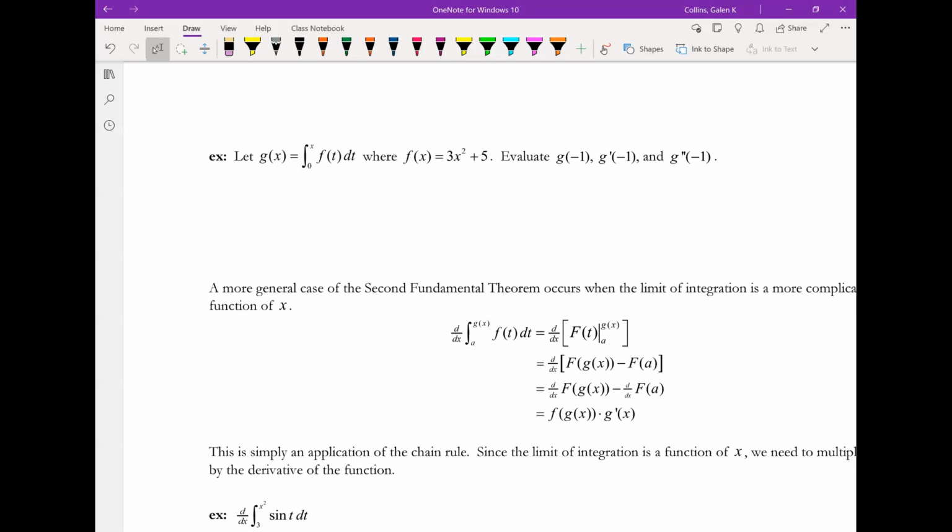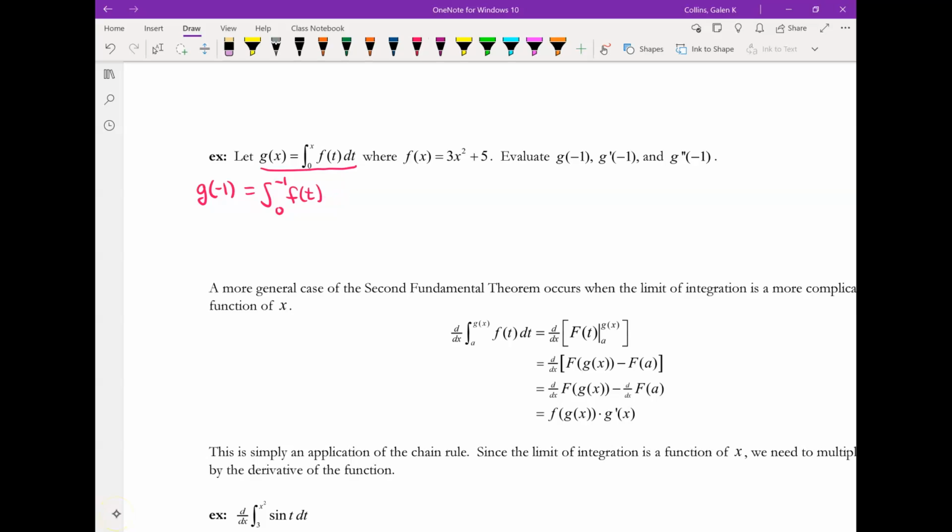It's not that bad if we write it out and we just substitute the -1 as needed. So when I find g of -1, I'm just replacing x with -1. So I'm going to basically copy this function. And so now I have from 0 to -1 of f of t dt.